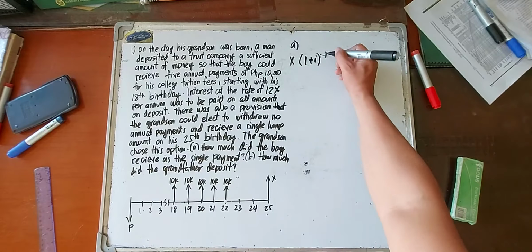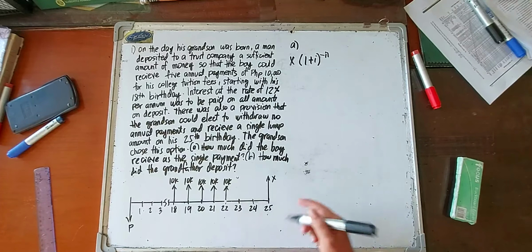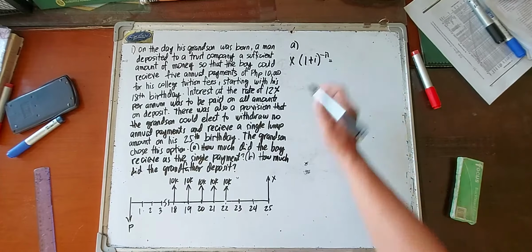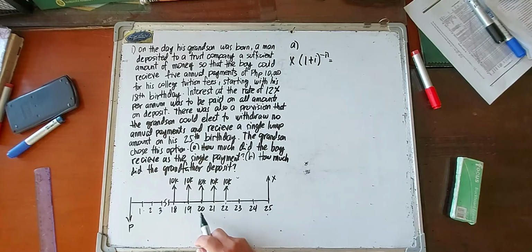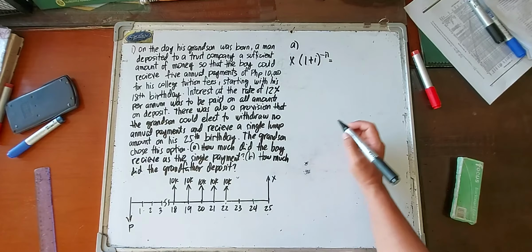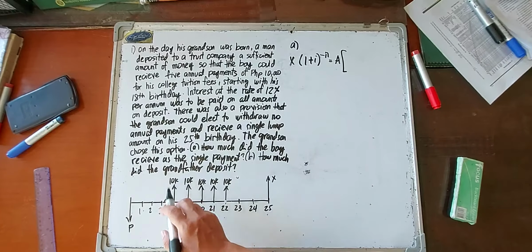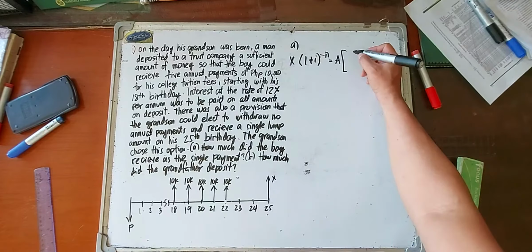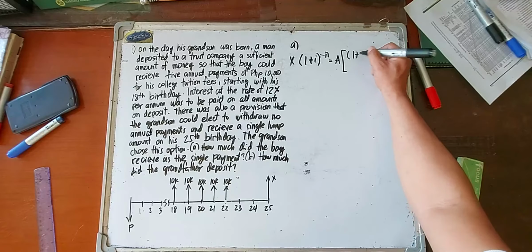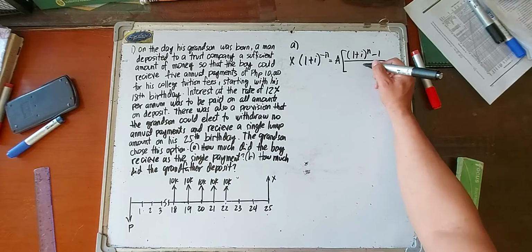Since to the left, and that should be equal to the value of these periodic payments, and that would be A times ((1 plus i) to the n minus 1) over i, where A is 10,000 in this case.